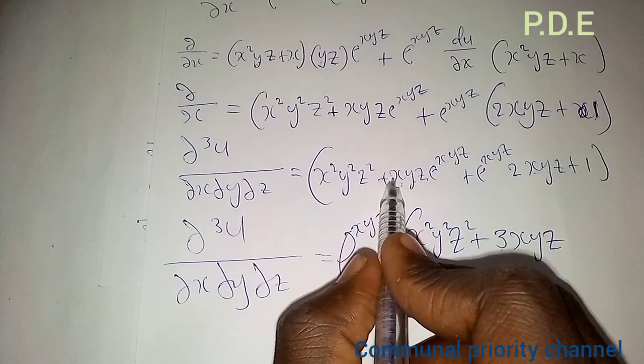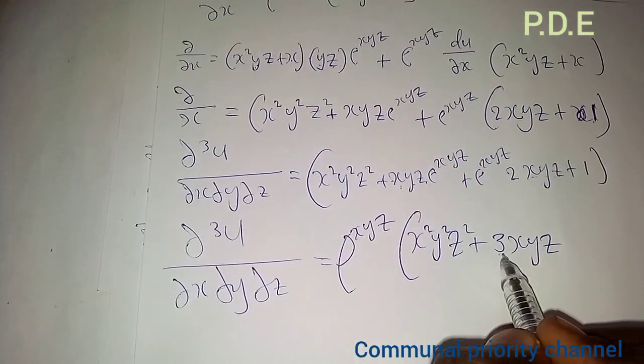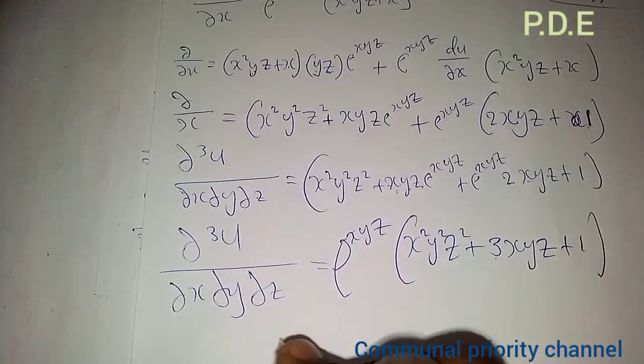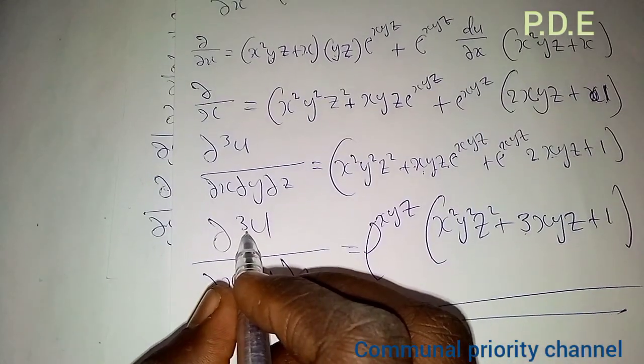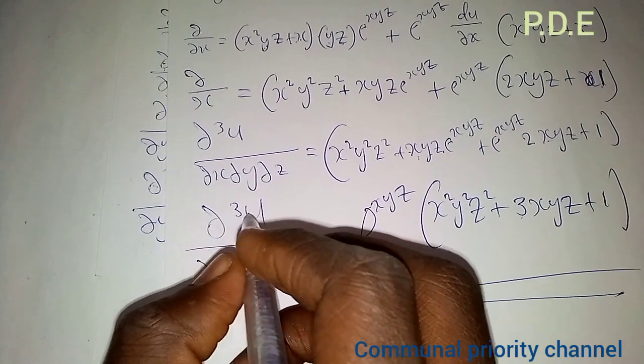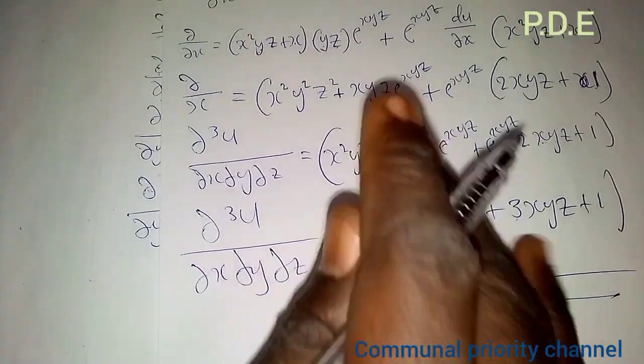So therefore 2xyz plus 1xyz is going to be 3xyz plus your 1, as we have here. This is our final answer of d cube u all over dx dy dz.